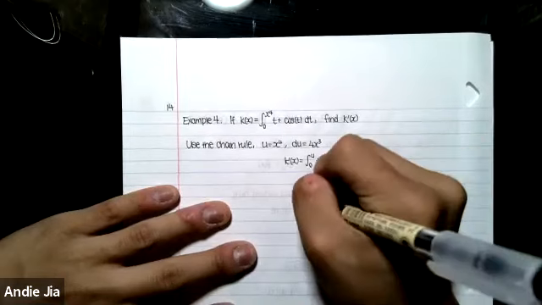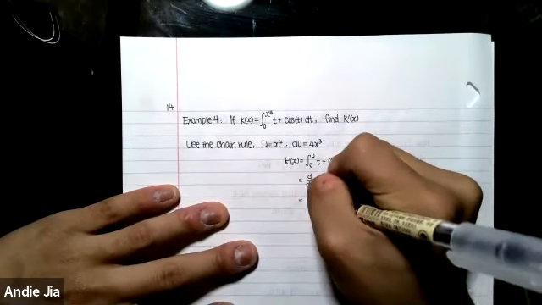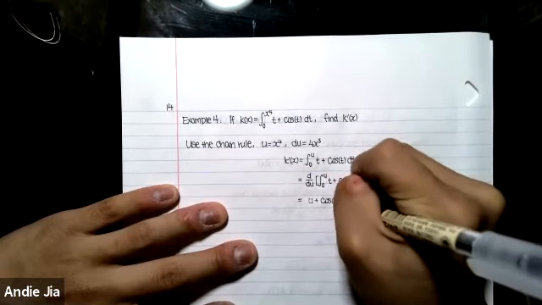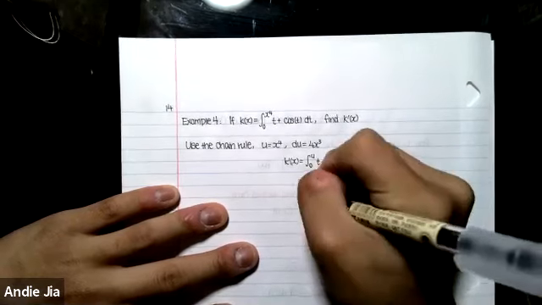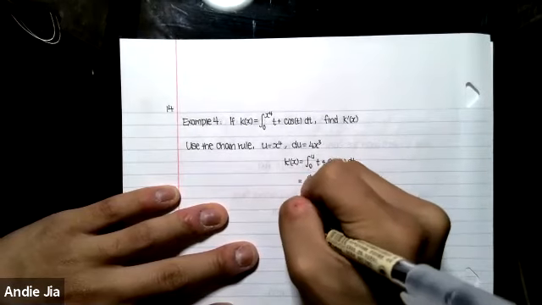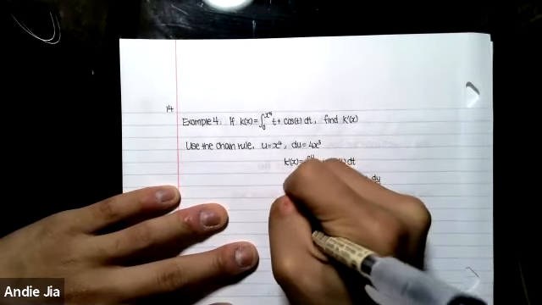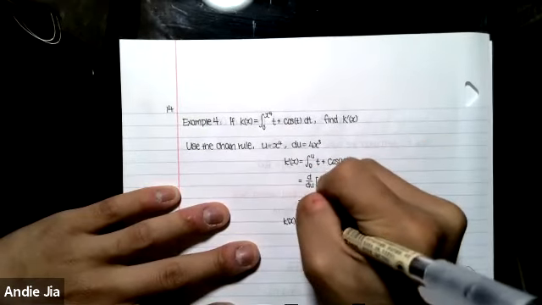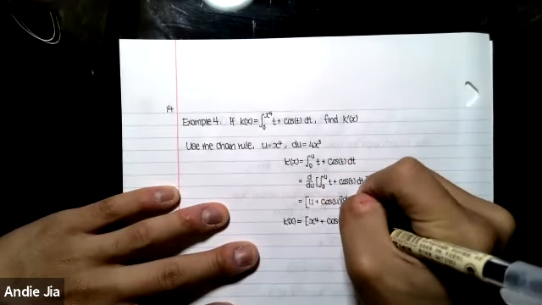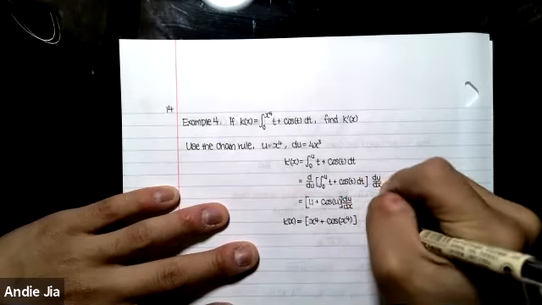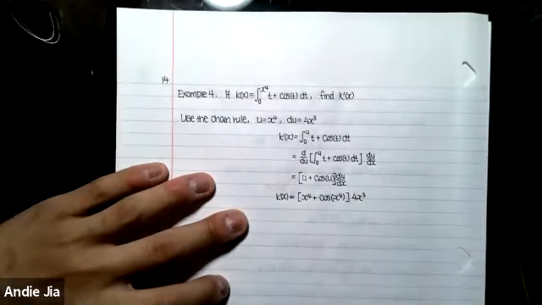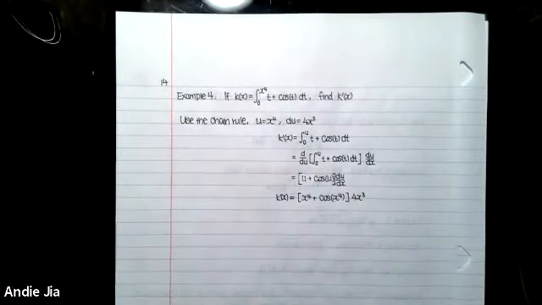It's just going to be u plus cosine of u times du dx. Then k prime of x is x to the fourth plus cosine of x to the fourth, multiplied by 4x cubed. Here's k prime of x, the derivative.